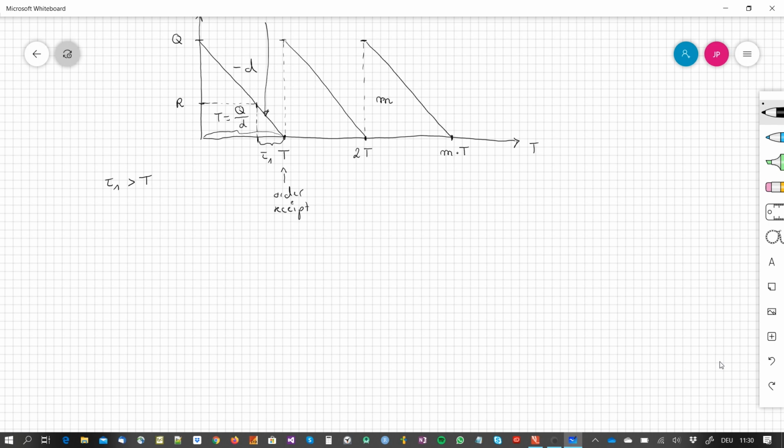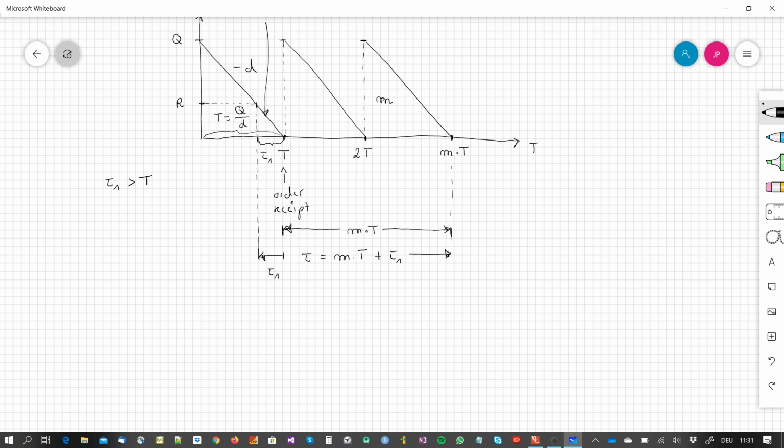And we can define this is from T to MT, this is MT. And if we consider the positive lead time, then this is the extra tau 1 that we need to add to our MT. So our overall time becomes MT plus our positive order lead time.